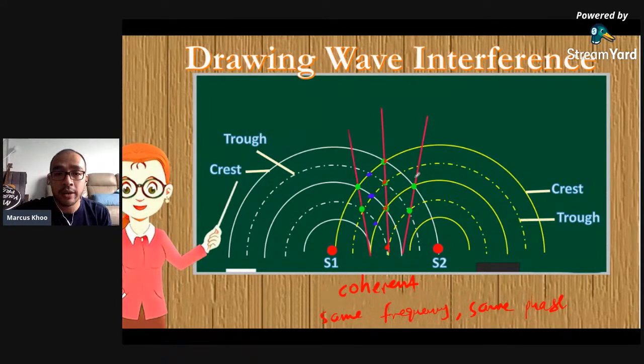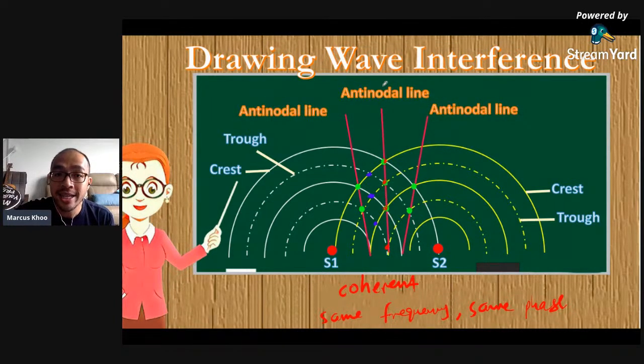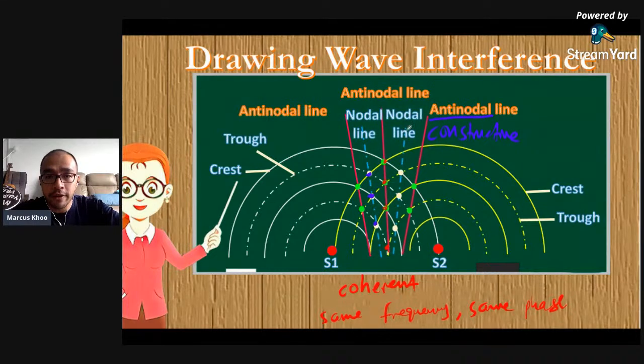These lines are what we call antinodal lines, where constructive interference happens. We call these antinodes, the places where constructive interference happens. Then the places where destructive interference happens, we call nodal lines.